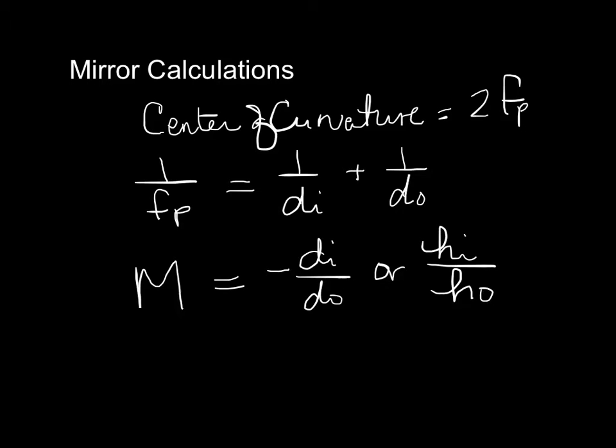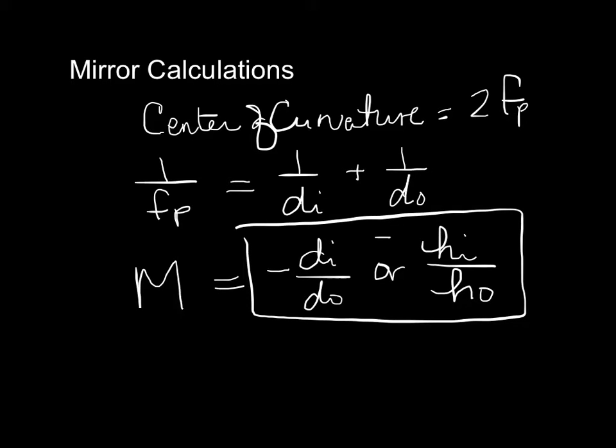And sometimes what we'll do is set this part of the equation equal to each other. So you might be finding the magnification, or you might be using the equivalences in the magnification equation to find the height of the image or the height of the object.